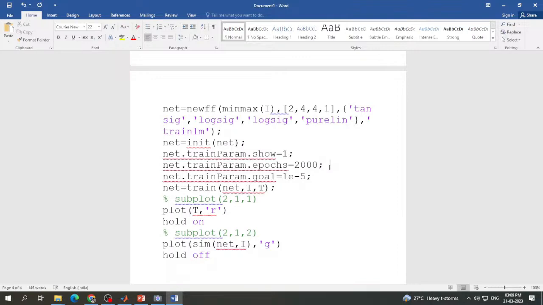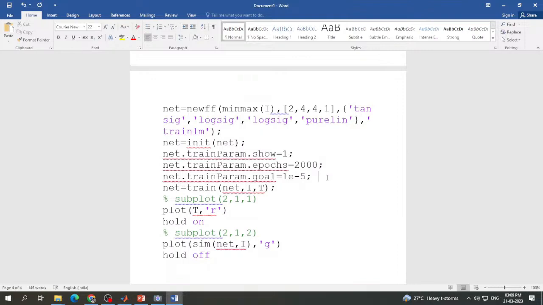You can put 100, you can put 1 lakh. That's up to you. The bigger the figure you put, the more time it will take for training. And if you put somewhat less, suppose 10 epochs, then the goal may not be reached. The goal means your error limit, which I have kept at 10 power minus 5.